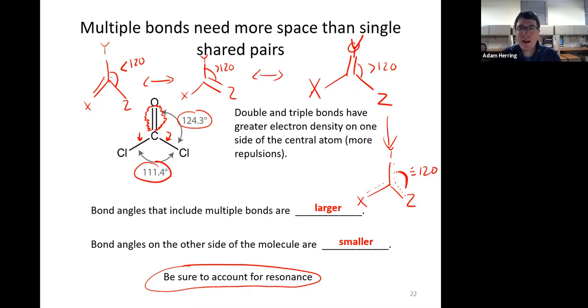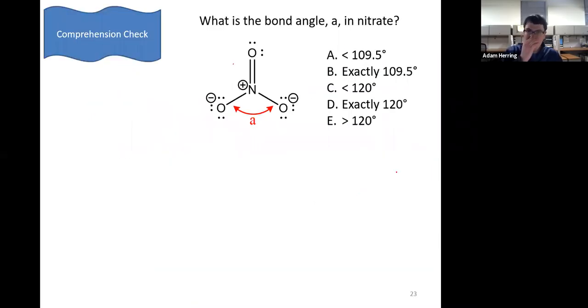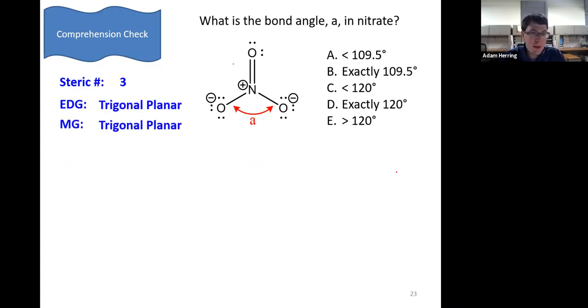All right, let's practice this. What is the bond angle A in nitrate? Pause the video and try this on your own. Welcome back. So, for nitrate, we have a steric number of 3. The electron domain geometry is trigonal planar. Molecular geometry is trigonal planar. However, we have that double bond.